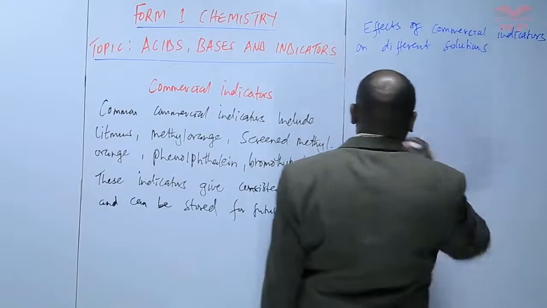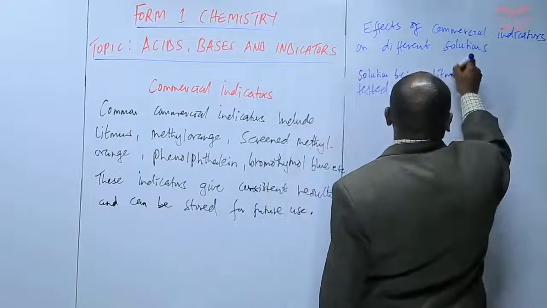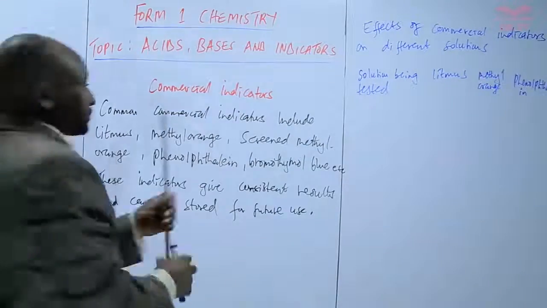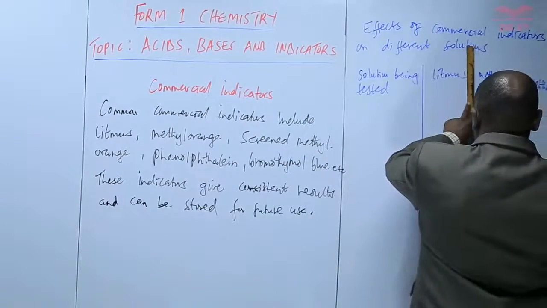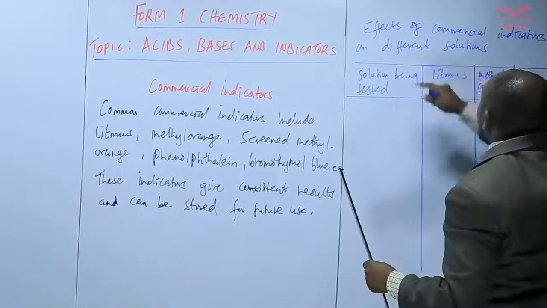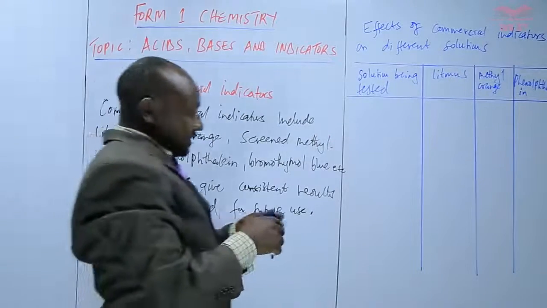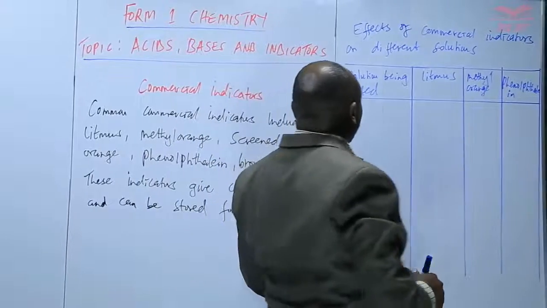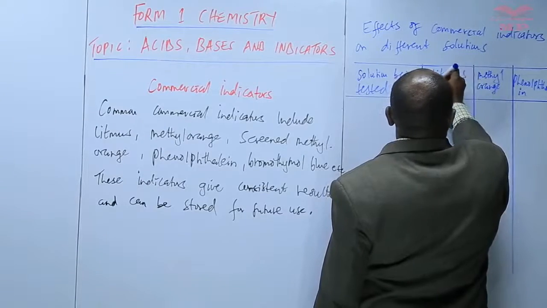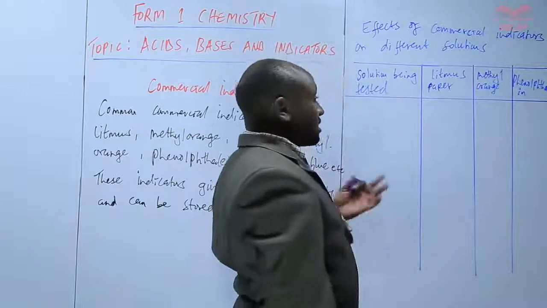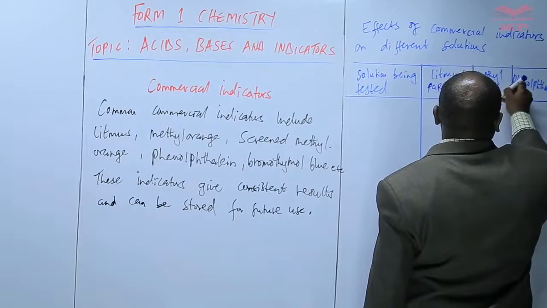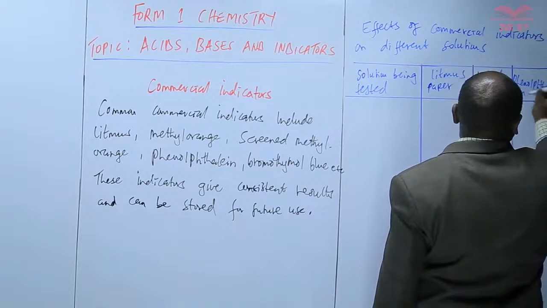So we'll put these as a table. So we'll have a solution being tested in the first column. Then here we can use litmus paper is one of the indicators, or we can still use the litmus solution. They just give the same results. Then we have methyl orange indicator, and then we have phenolphthalein indicator.